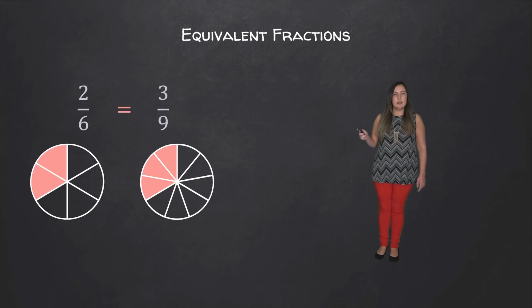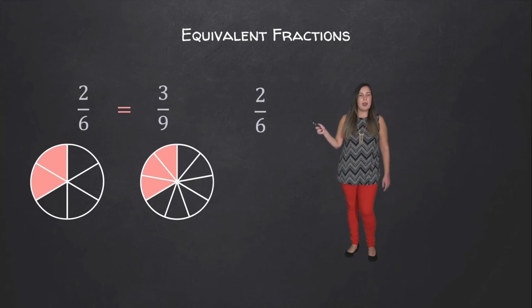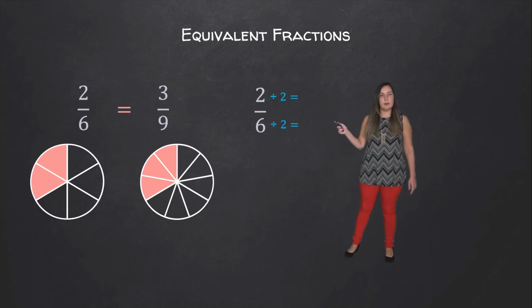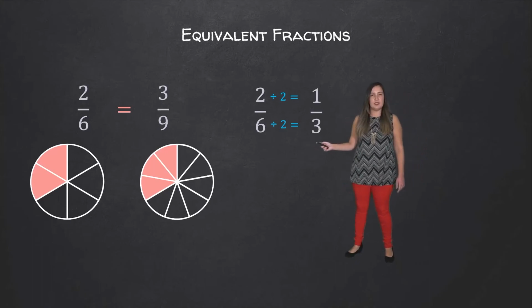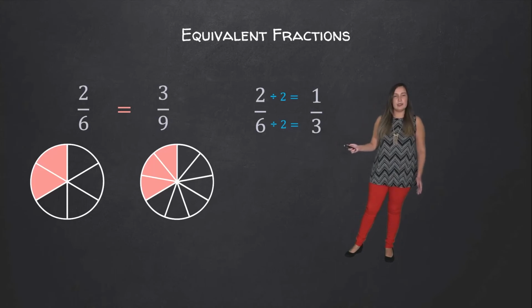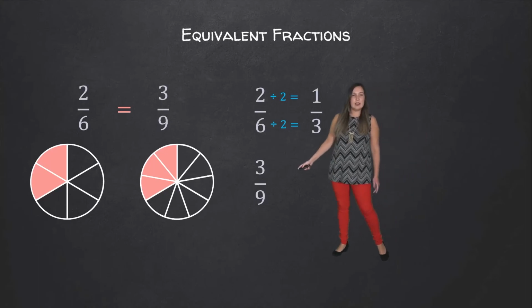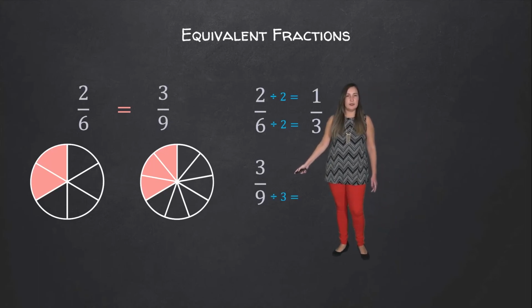So, if we take this 2 over 6, notice that both of them have a greatest common factor of 2, meaning we could divide both of them by 2. So 2 divided by 2 is 1. 6 divided by 2 is 3. So 2 over 6 is equivalent to 1 over 3. And then if we take 3 over 9, notice that they both have a greatest common factor of 3.